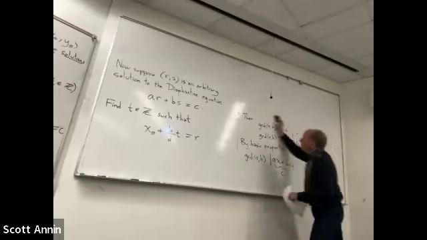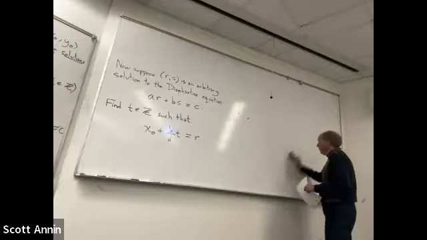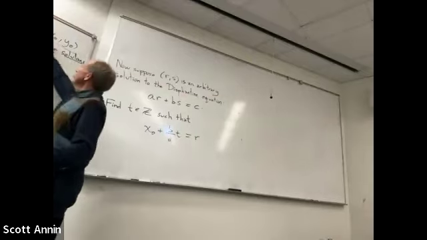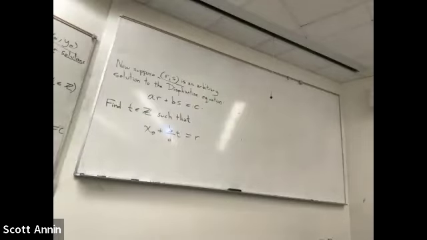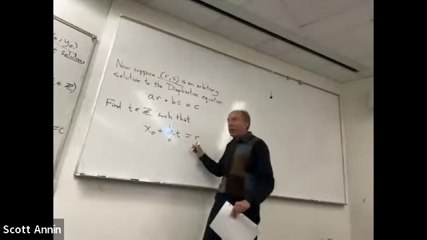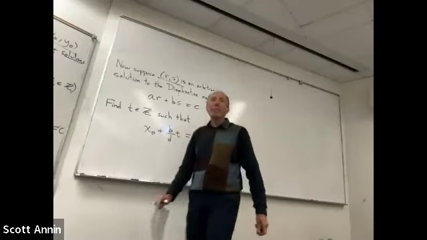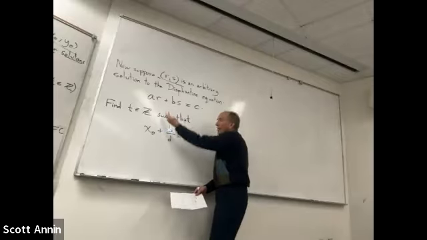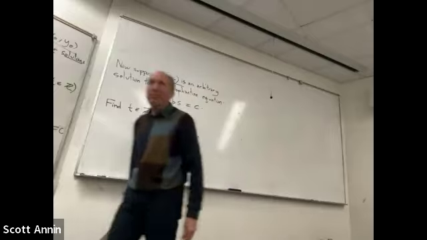Now, I've already got this solution, and now I'm assuming I also have this solution. I have two solutions: x naught, y naught, and also r and s. So I know what this number is, and I know what this number is. Of course, I know b, of course, I know d. So I'm just solving for t right here. How do you find t? Well, it's really just r minus x naught divided by b over d.